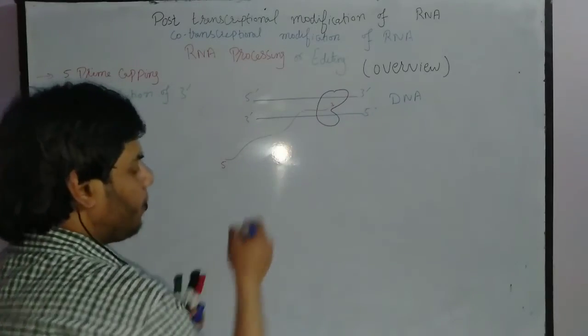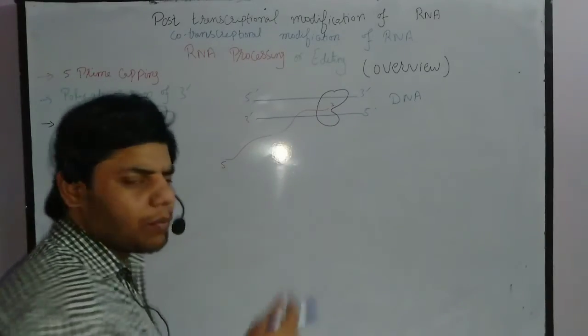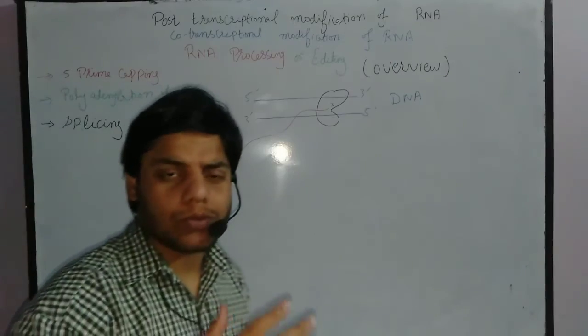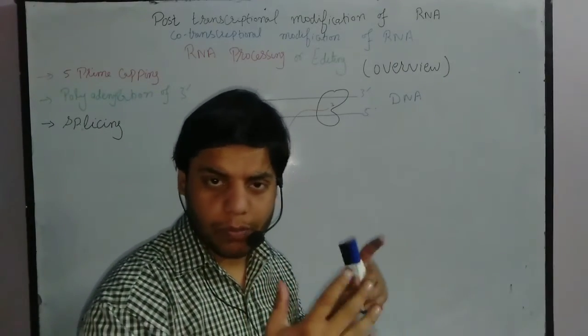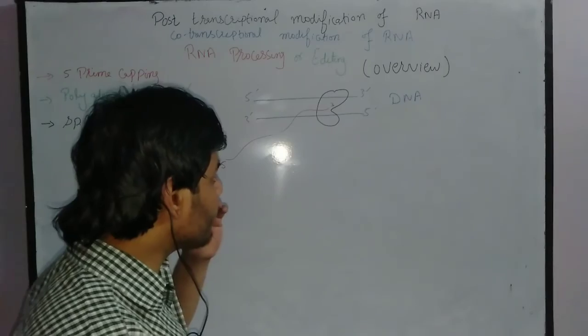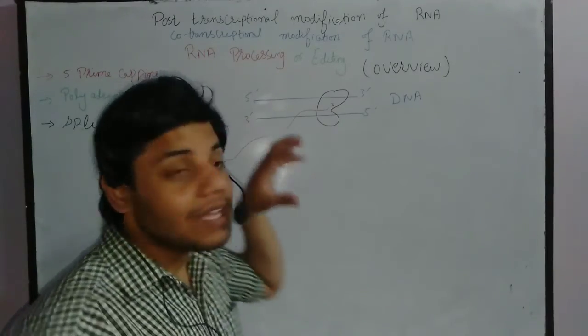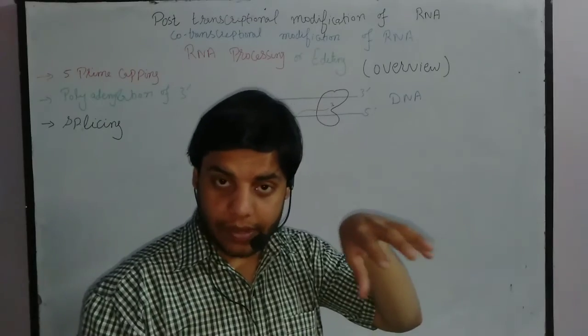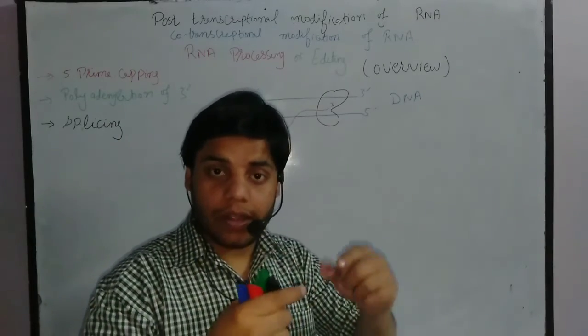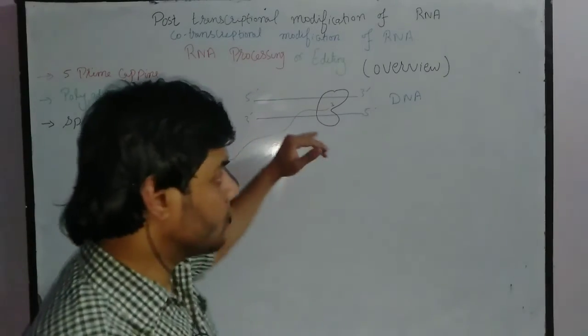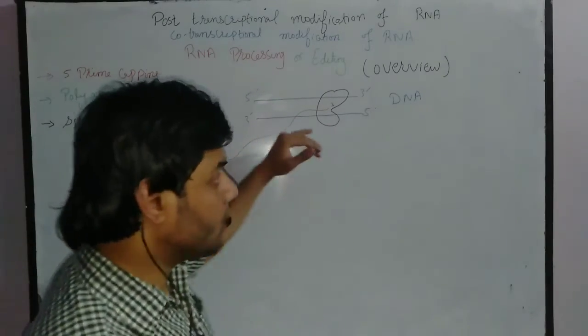Mainly, we are going to talk about RNA polymerase 2 mediated transcription. RNA polymerase 2 will use the strand of the DNA having the 3' to 5' end, and then it will produce the RNA strand.